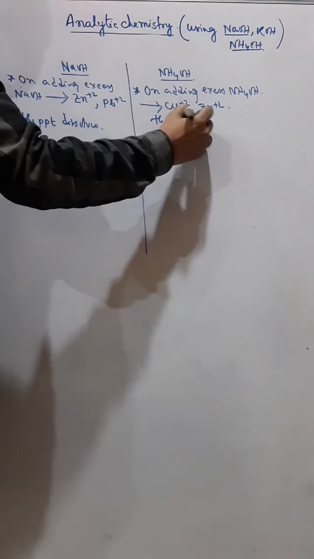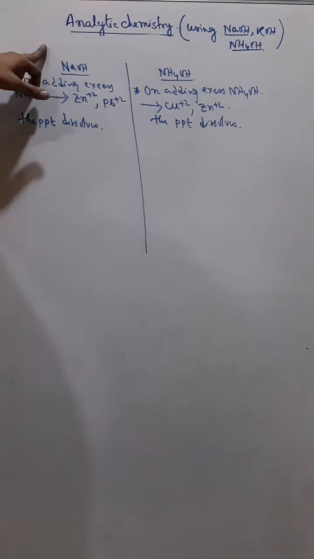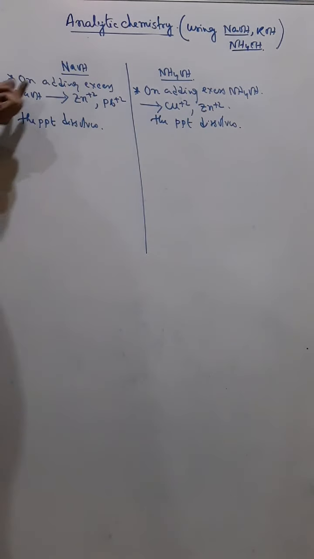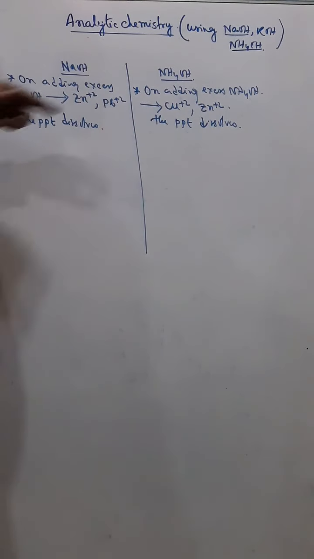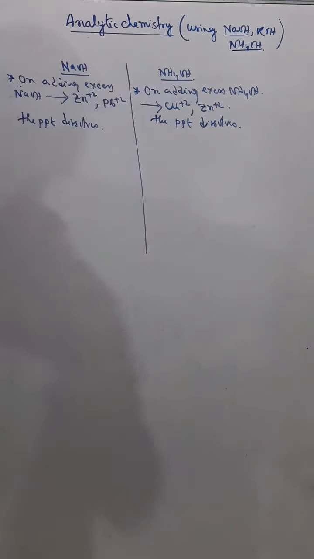In case of these two, the PPT dissolves. Okay, so don't get confused. So when we are using NaOH, the precipitate of zinc hydroxide and lead hydroxide on excess is dissolving, and in case of NH4OH, the precipitate of copper hydroxide and zinc hydroxide is dissolving.